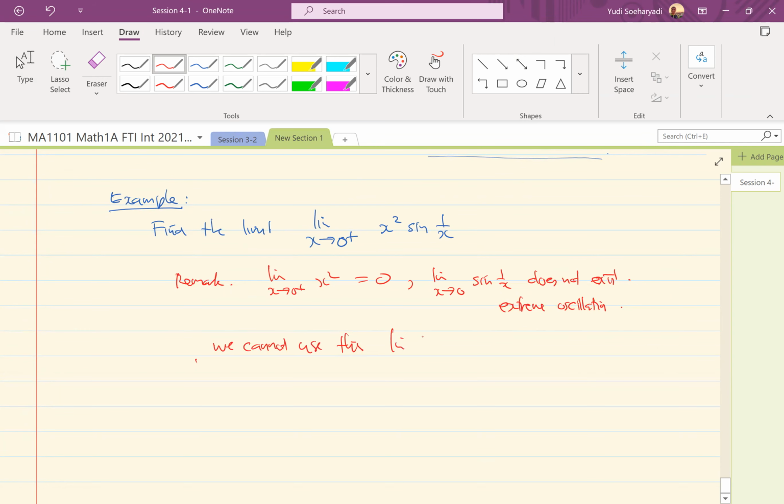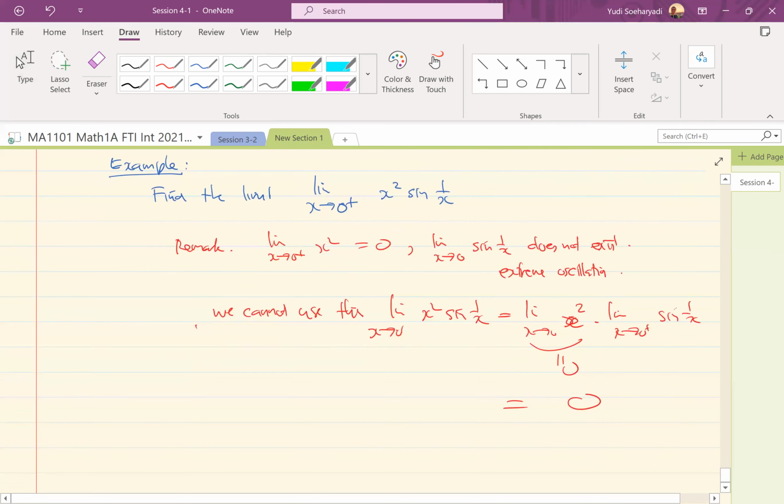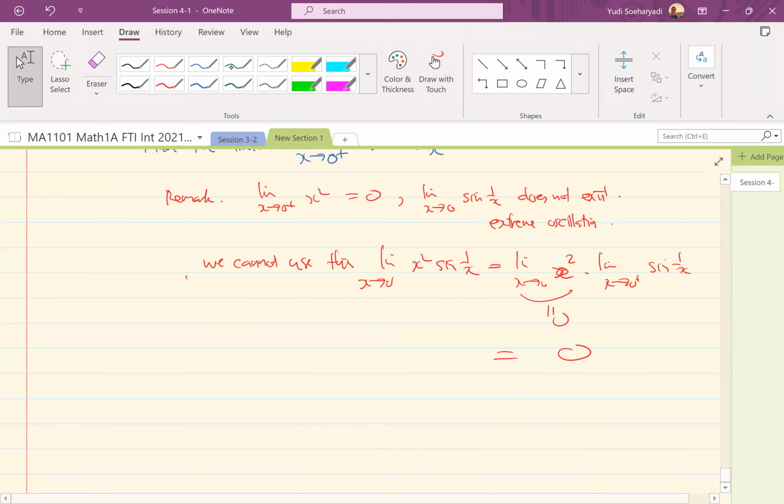We cannot say the limit of x squared sine 1 over x equals the limit of x squared times the limit of sine 1 over x, because this is 0 and this is incorrect.